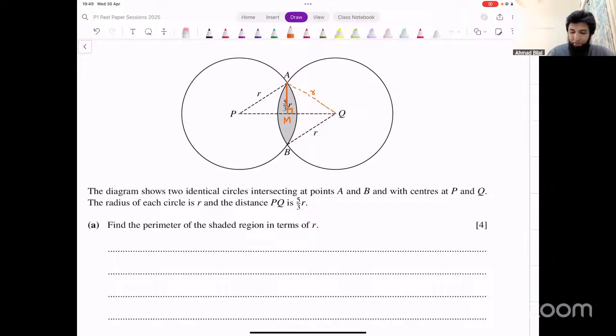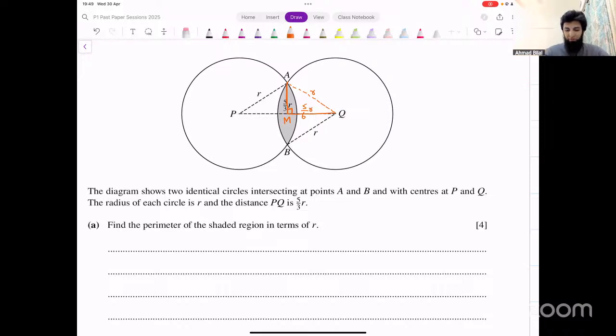We know the base of the triangle now because the complete length PQ is 5 over 3 times r. What will be half of that? This isosceles triangle is going to be divided into two parts. So what will be the right side here? This side here will be 5 over 6 times r.